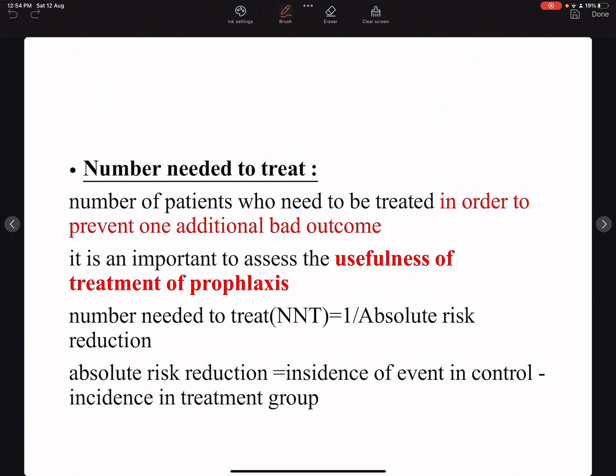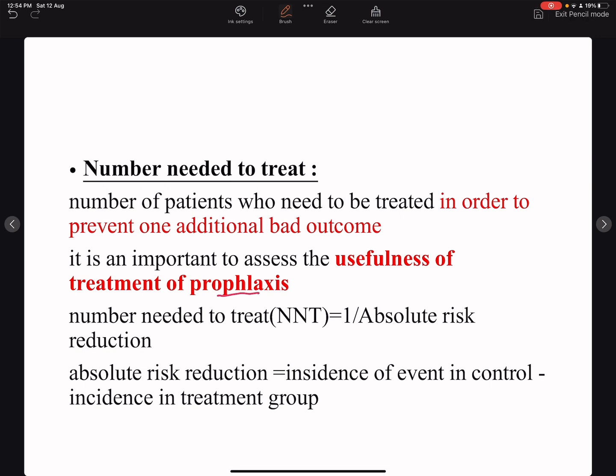Let's understand what the number needed to treat is. The number of patients who need to be treated in order to prevent one additional bad outcome is important in assessing the usefulness of treatment or prophylaxis.